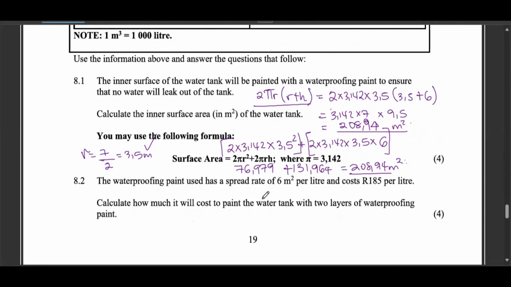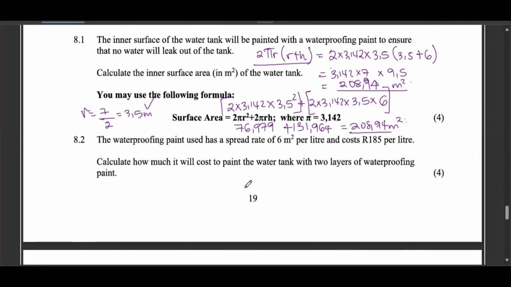Anyway, let's continue. 3.2. The waterproof paint used has a spread rate of 6 meters squared per liter and costs 185 per liter. Calculate how much it will cost to paint the water tank with 2 layers of waterproofing paint. Now, what I want you to understand: 1, we have the spread rate.